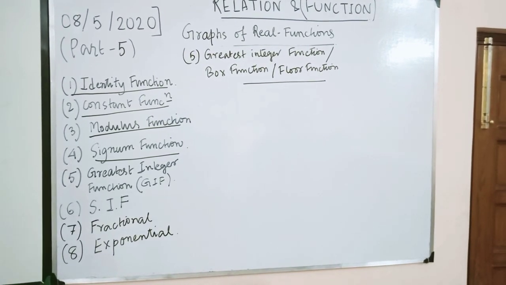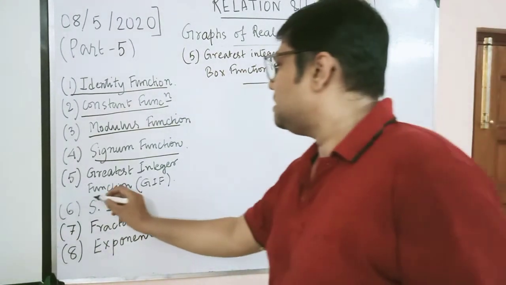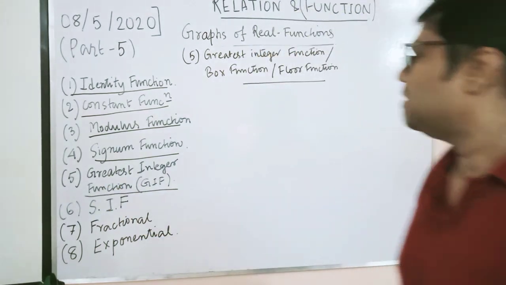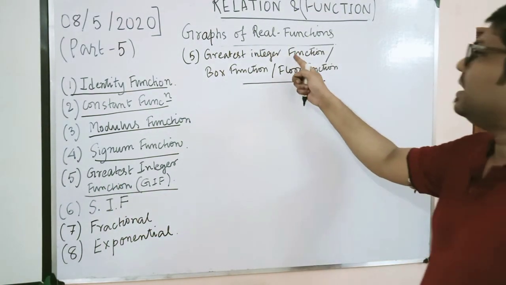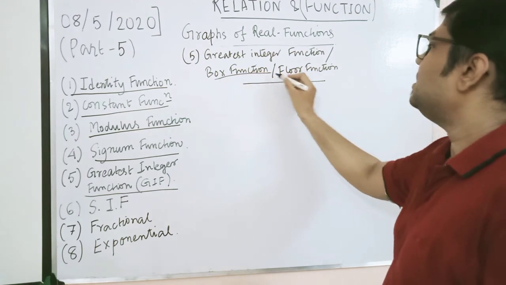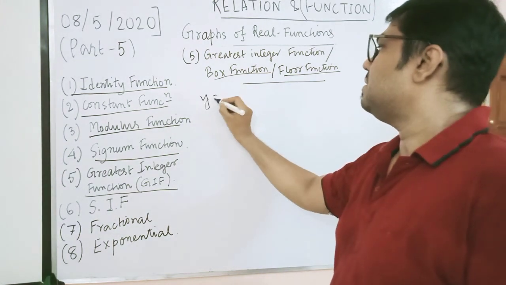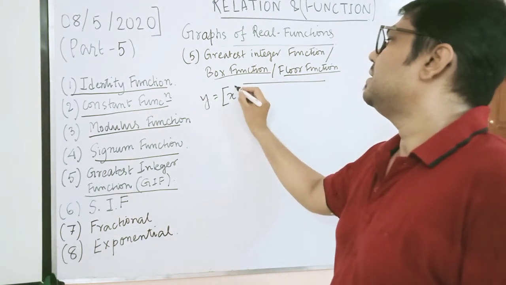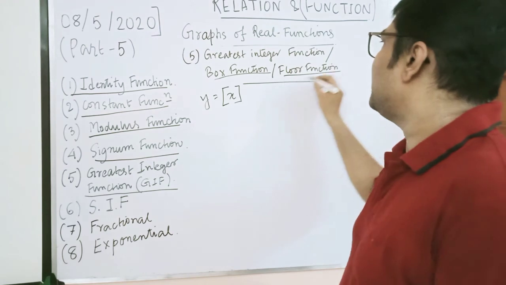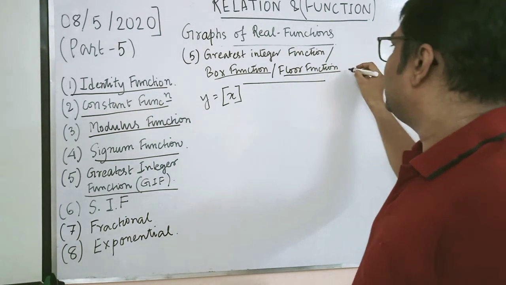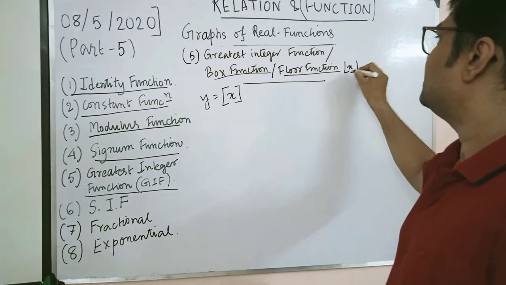So now we start with number 5, which is the greatest integer function, GIF. The greatest integer function also has other names like box function and floor function. Okay, so how is it written? It's written like this, y equals box x, or you can also write it as a floor function, that is floor x, like this.